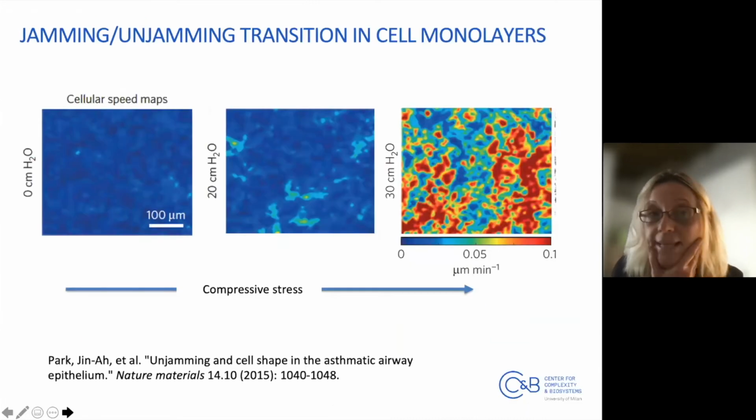And again, for cells, this is one of the papers that you can find in the literature, and in this case, there is a compressive stress, and there is a change from an unjammed condition to a jammed one, and vice versa.